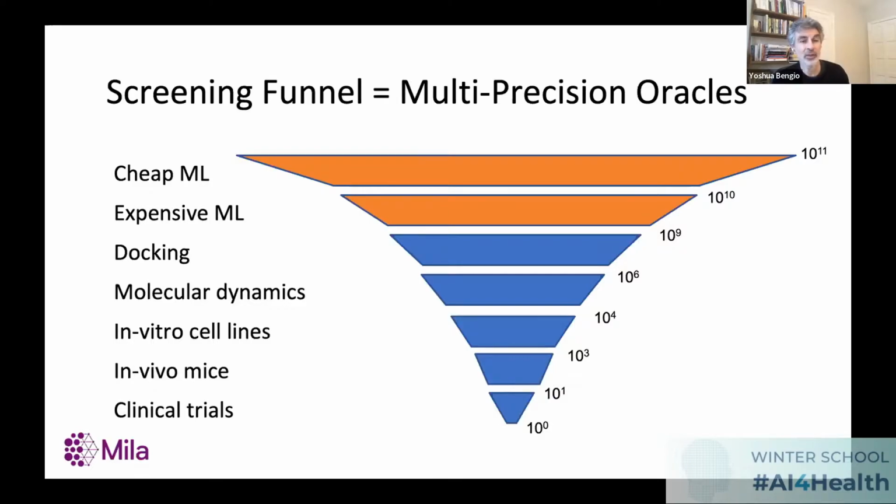Then we may have very cheap computer simulations, like docking, that tries to figure out whether a small molecule is going to fit into a target protein, for example. Or we can have more expensive simulations, still in the computer, like molecular dynamics, where we try to simulate the physics of these atoms and molecules moving around. And then we can go to actual experiments: in vitro cell lines, in vivo mice, and clinical trials.